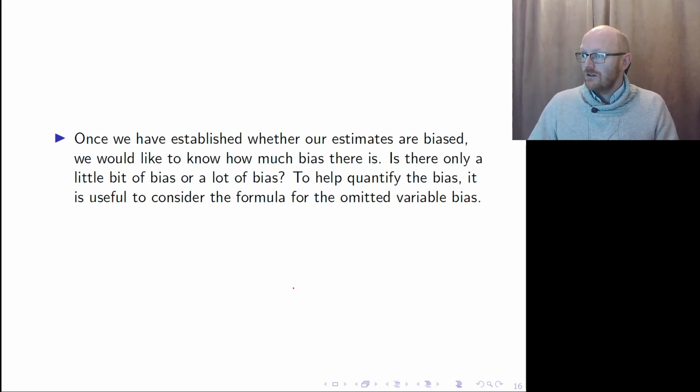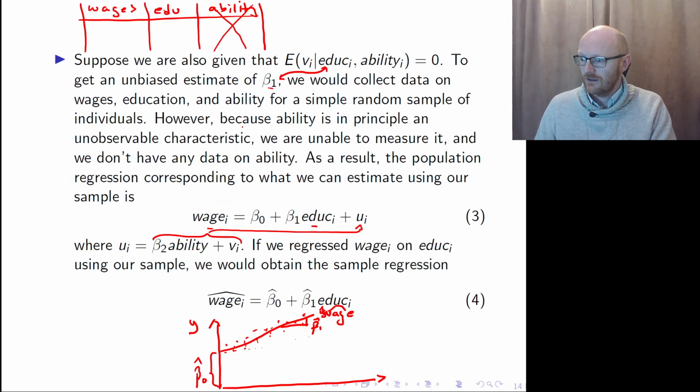So here you have to think logically. You have to know your theory, and you have to know the theory behind, in this case, what kind of results would we expect ability to have on wage, and what kind of correlation would we expect there to be between education and ability.